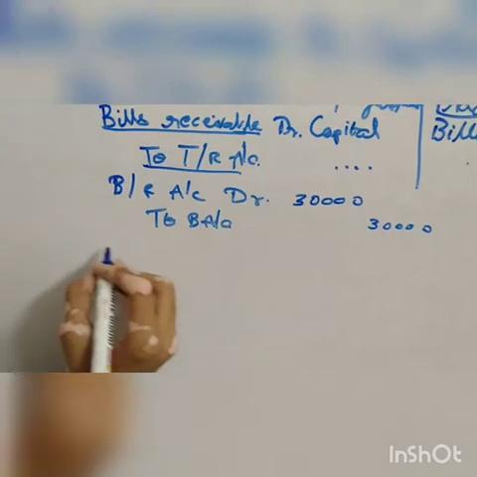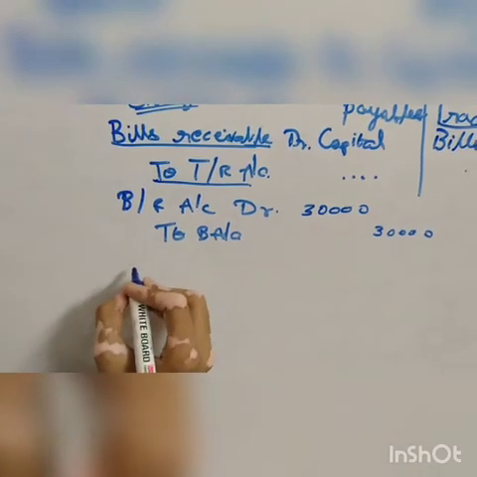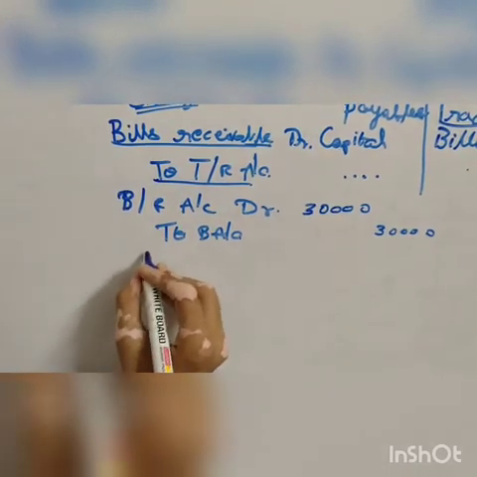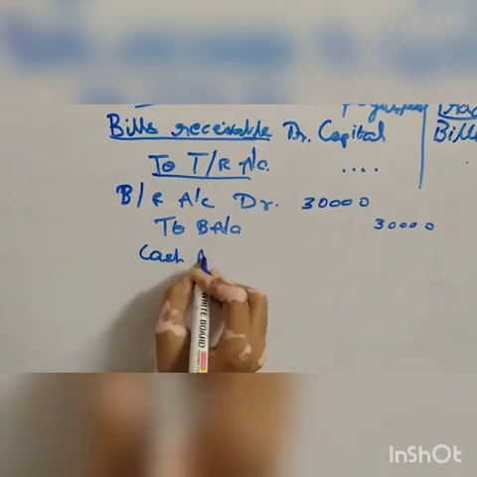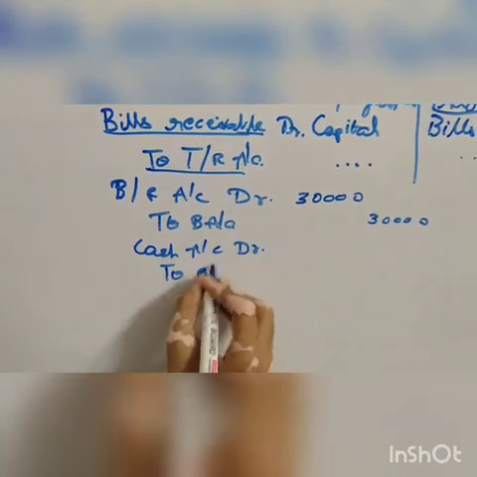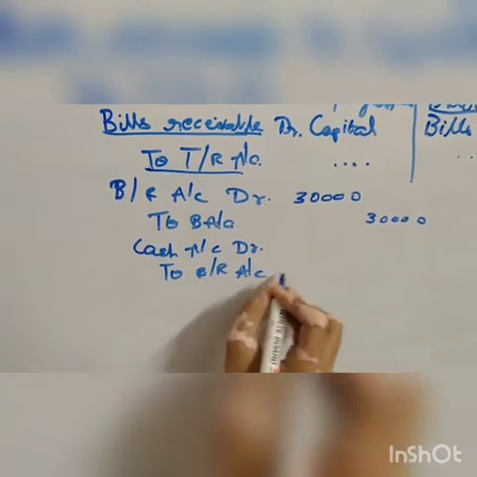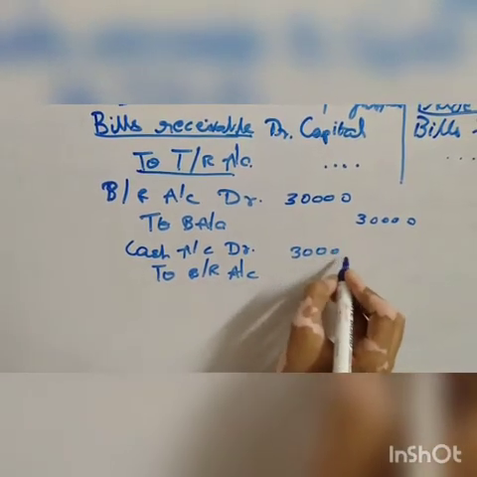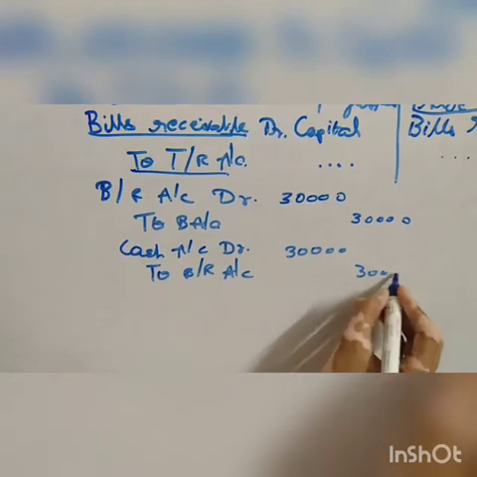When it is met on due date, then the entry will be cash account debtor to bills receivable account, 30,000.